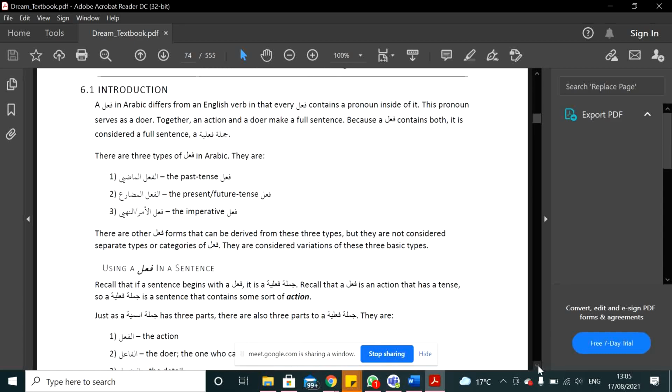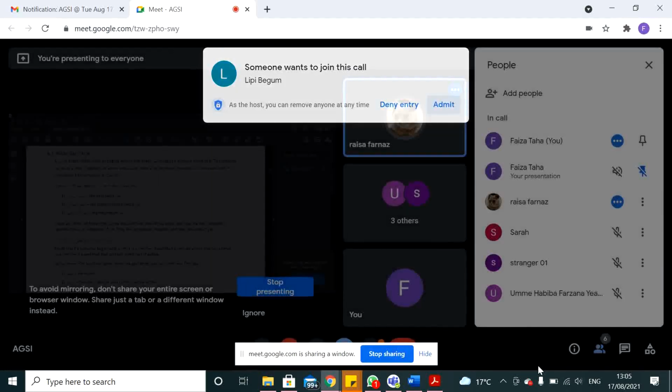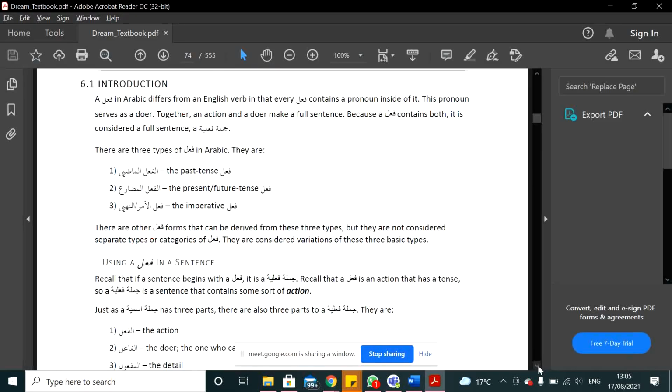Introduction. A fi'l in Arabic differs from an English verb in that every fi'l contains a pronoun inside of it. This pronoun serves as a doer. Together, an action and a doer make a full sentence. Because a fi'l contains both, it is considered a full sentence, jumla fi'liya. There are three types of fi'l in Arabic.